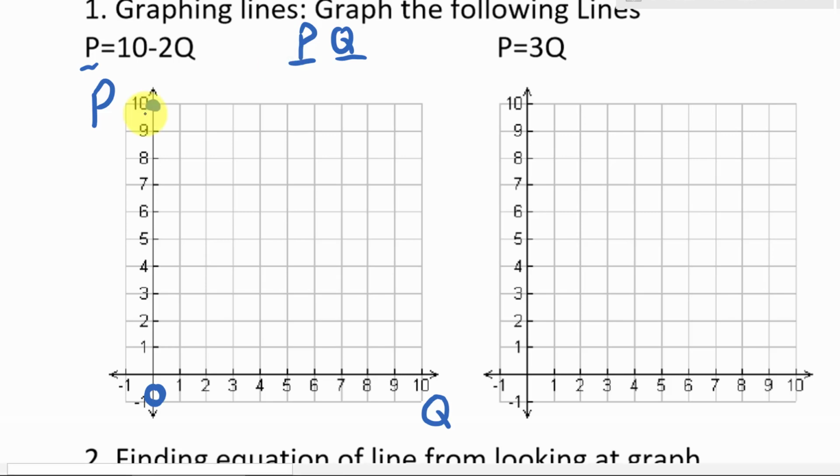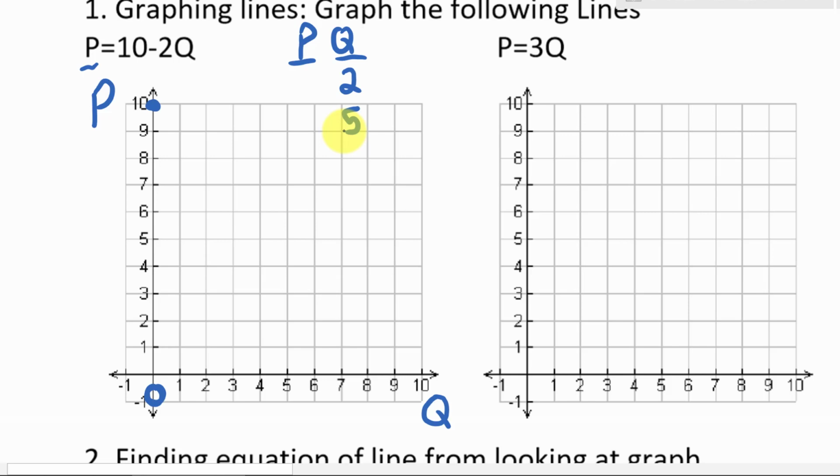Say, well, we've got 1 point, we're graphing a line. All we really need is 1 other point. But usually if you're doing this by hand, you want to have more than just 1 other point. So maybe we could say, well, what if quantity was 2 and what if quantity was 5? Just randomly picking a couple of quantities here.